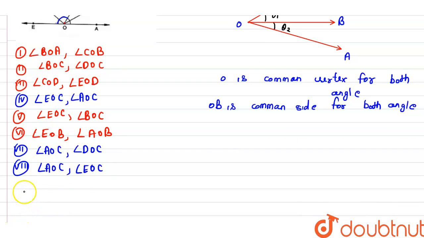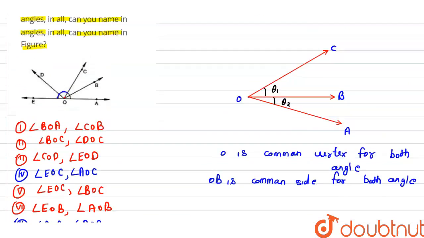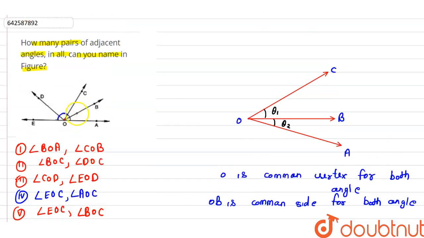The next pair of adjacent angles is angle BOC and angle EOC. Here also the vertex is O and the common side is OC.